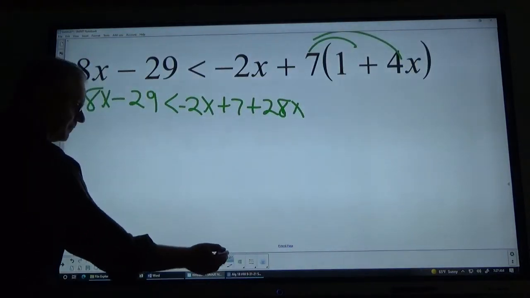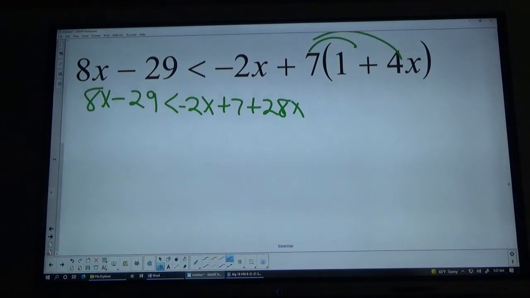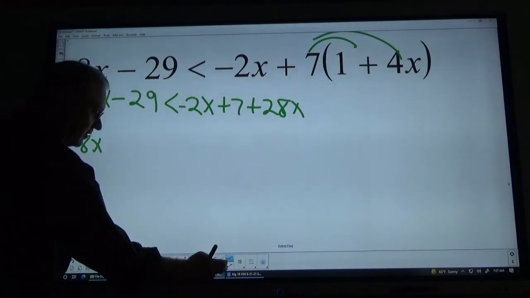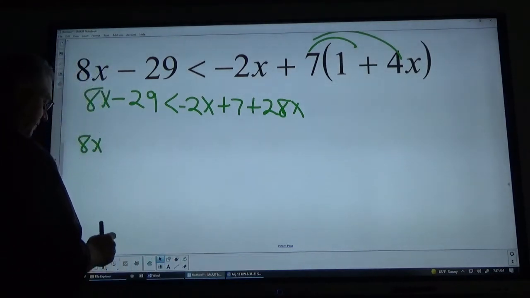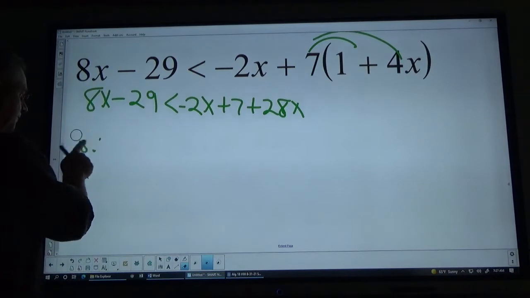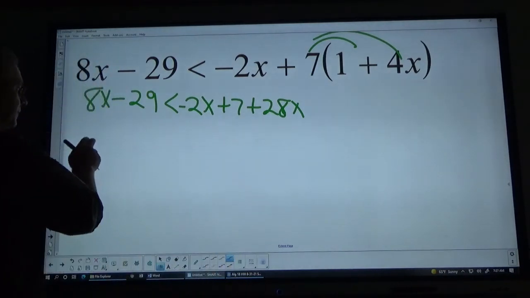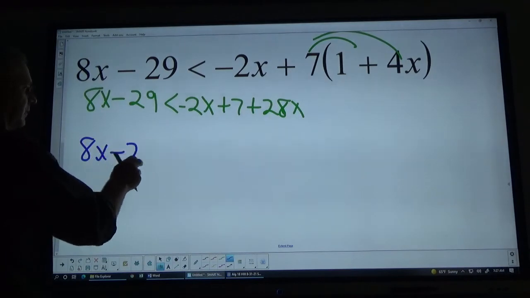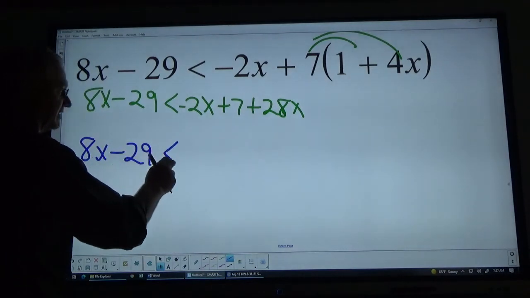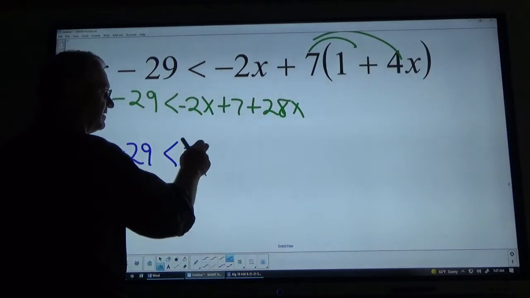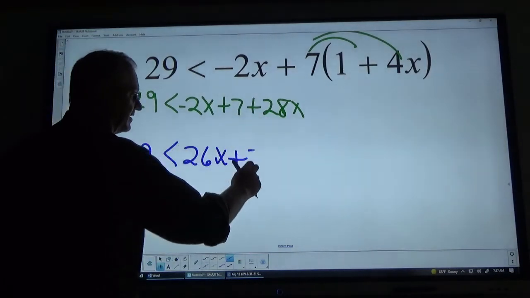All right. The next step in this process is to combine like terms on the same side of the inequality. 8x minus 29 less than, now negative 2x and 28x make 26x plus the 7.